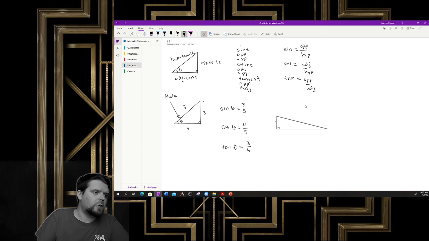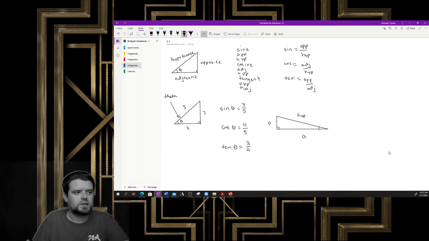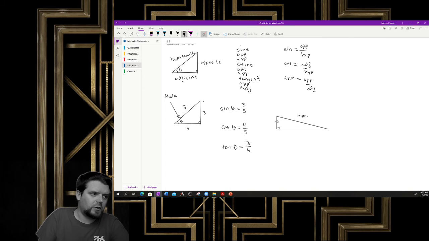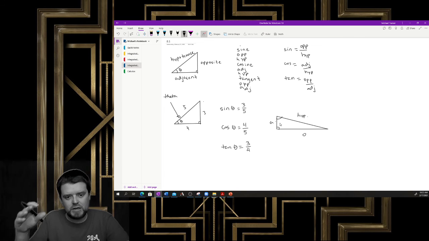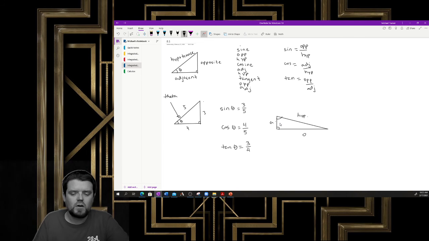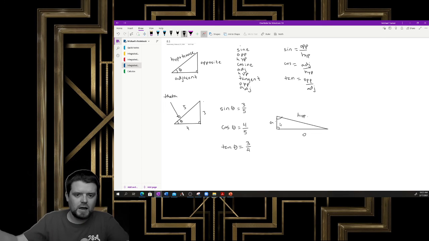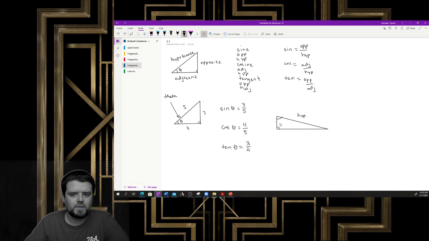In this triangle I've drawn, this is my hypotenuse. If I'm looking at this angle, then this is opposite and this is adjacent. Whereas if I'm looking at this angle, then this side's opposite and this side's adjacent. Adjacent means next to, right? So whatever side is touching is the adjacent side, and the one that's farthest away is the opposite side.